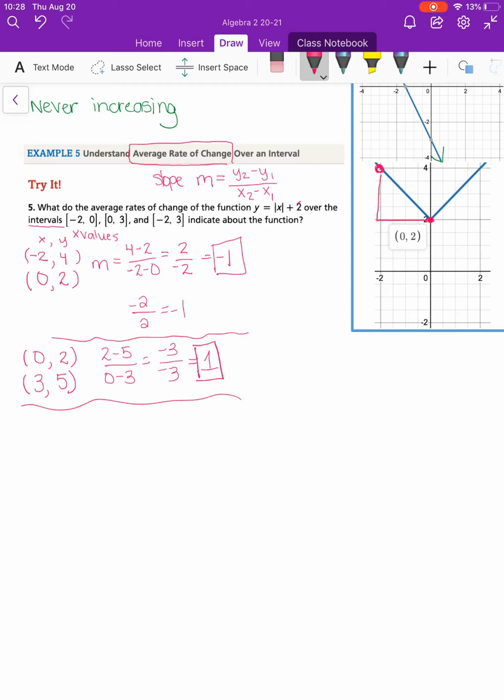What if I did the last one? So at -2, the y value is 4. And at 3, the y value is 5. Okay, let me back up for a second. So on this one, if I had had enough graph, I could have seen that I went over 3 and up 3.